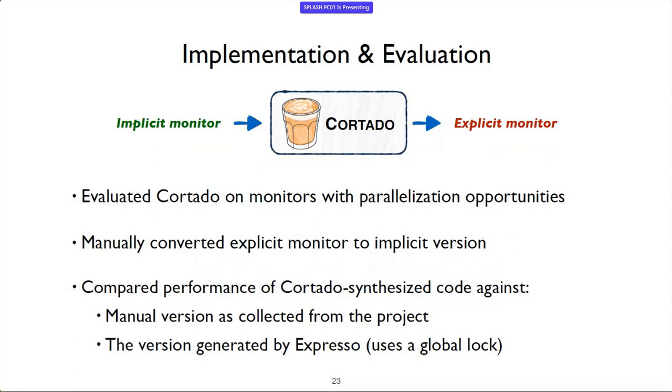The first one is the manual explicit monitor implementation that we found in the Java project. And we also compared it against the version that's generated by our prior work, Espresso, and recall that it does optimal signaling, but for the locking, it does coarse-grained locking. It just uses a single global lock for the entire monitor.